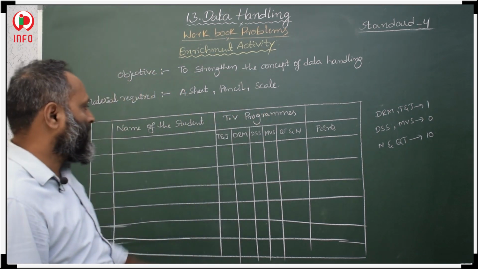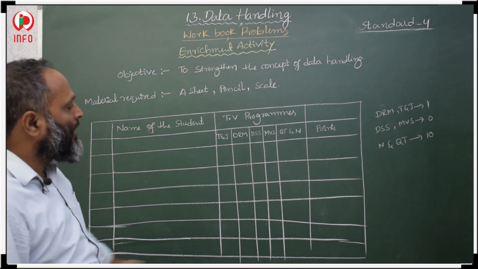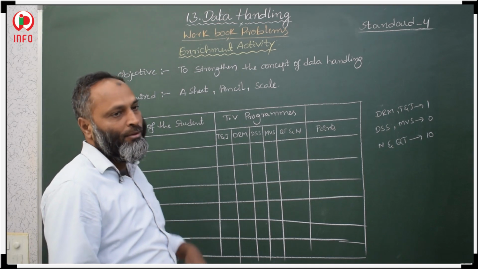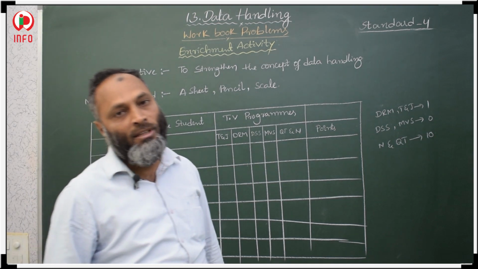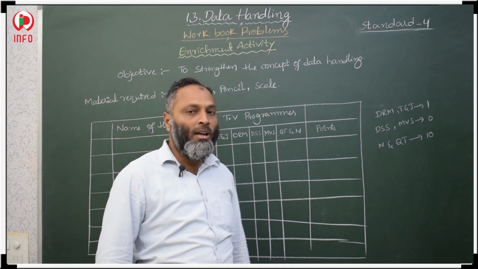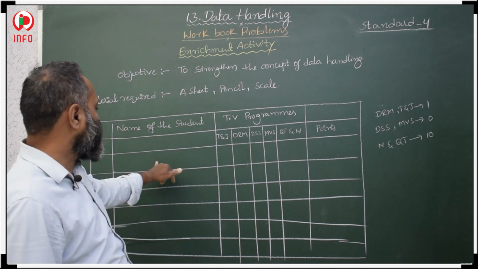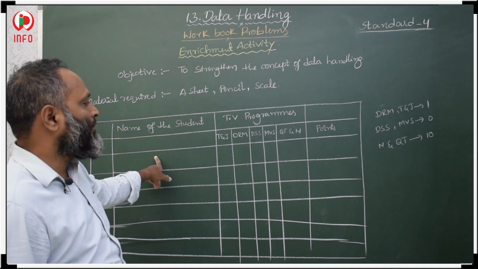On a sheet of paper, you should prepare a table like this, with information about the TV programs the students are watching. Ask your friends and write your friend's name here, serial number 1, your friend's name.